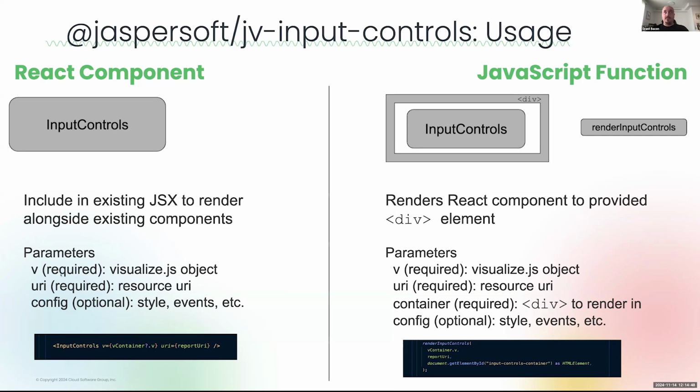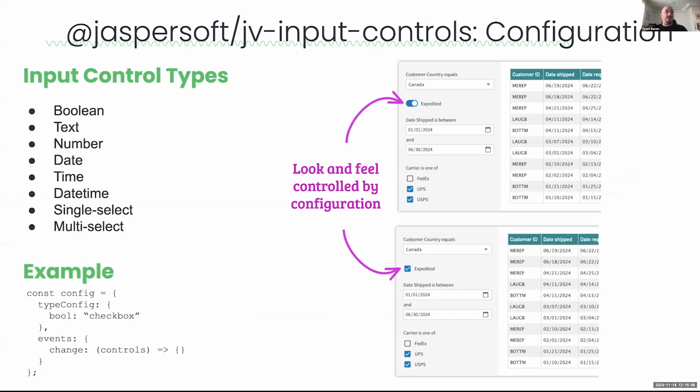The V object is the one that we obtained before with the JV Tools custom hook. The URI is the URI pointing to the resource. So in our case, it's the report that I showed you in the report viewer. And then the config, I'll talk a bit about later, is just how you can adjust the look and feel.